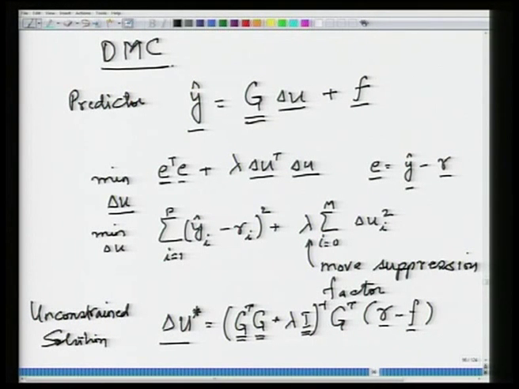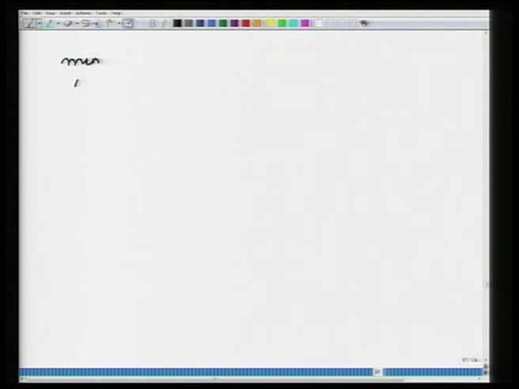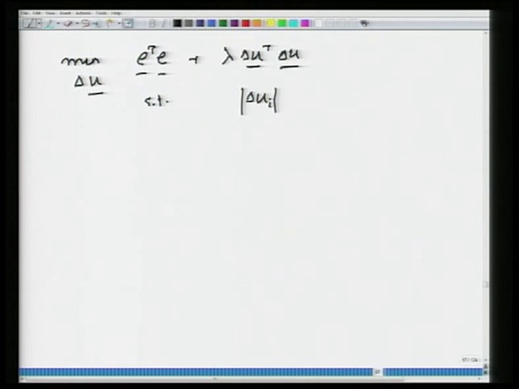Of course, there are always constraints, and two of the most common constraints in any loop would be that I want to minimize over delta u the vector E transpose E plus lambda times delta u transpose delta u, subject to two constraints. First, the modulus of delta u, the maximum change in any of the elements, has to be less than delta u max.